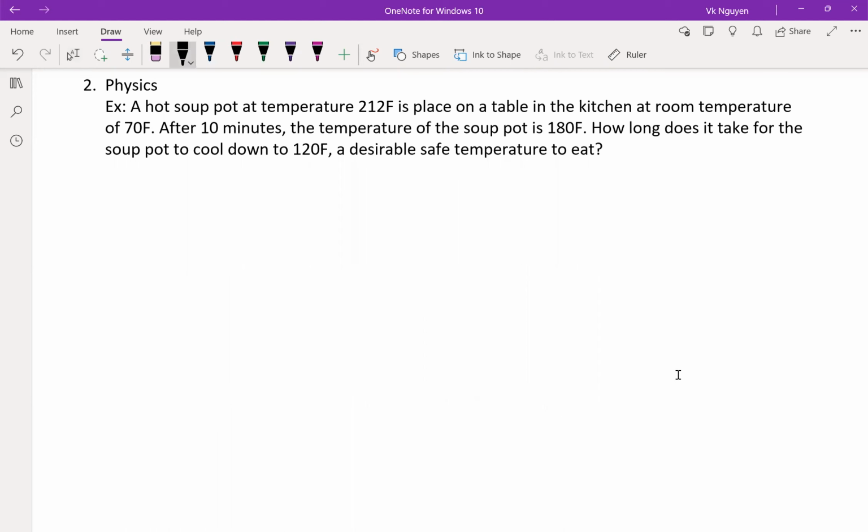To do this problem, we'll be using a different formula. This is a very important formula for cooling down in physics, and it is Newton's law of cooling.